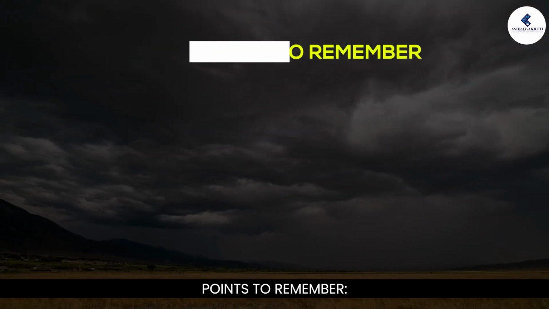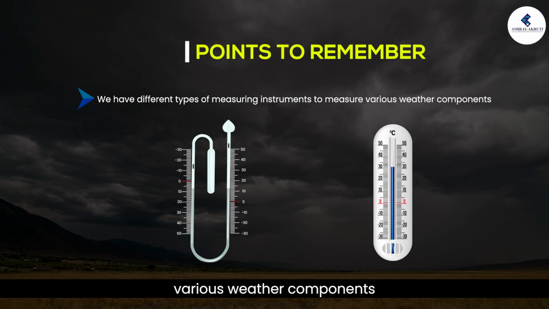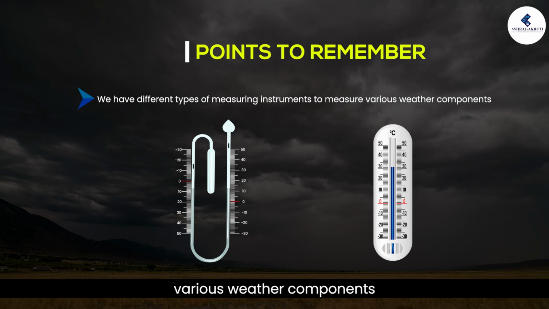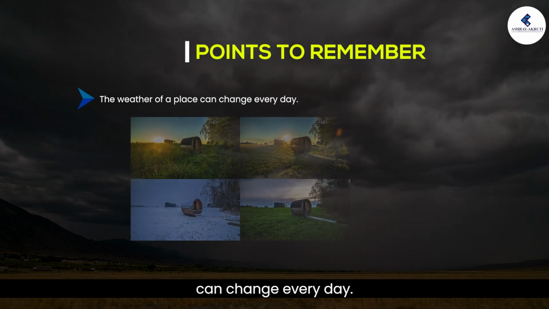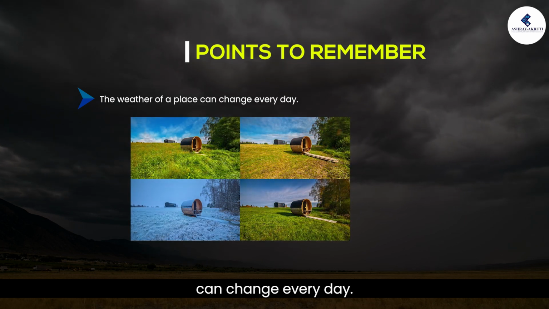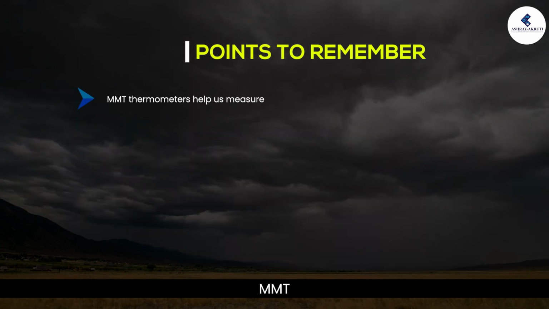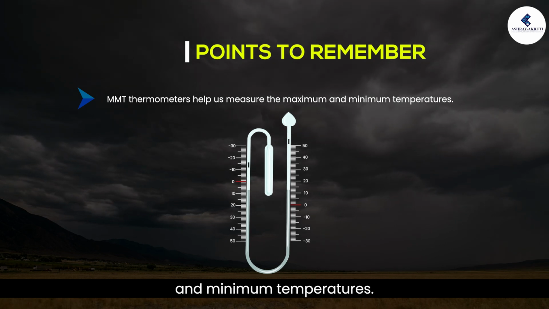points to remember. We have different types of measuring instruments to measure various weather components. The weather of a place can change every day. MMT thermometers help us measure the maximum and minimum temperatures.